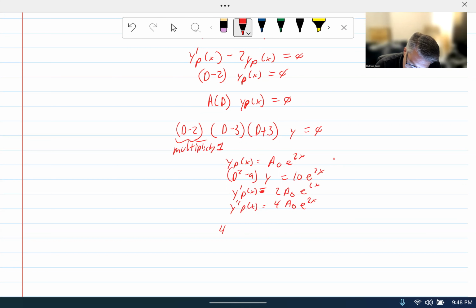So this is going to be 4 a naught e to the 2x minus 9 of y, minus 9 of yp, this whole thing of yp.